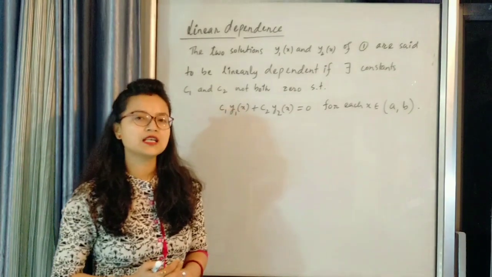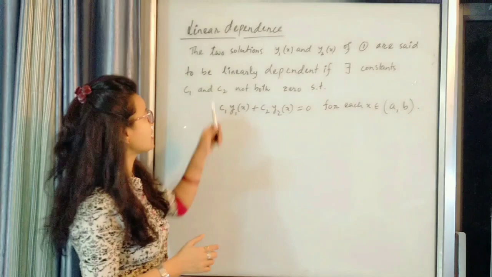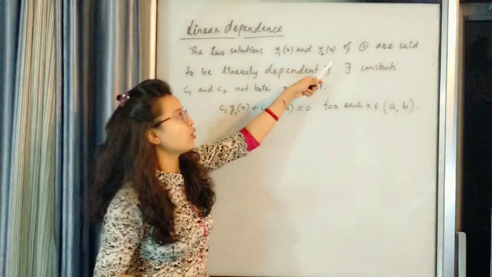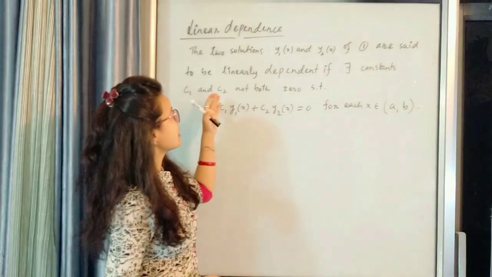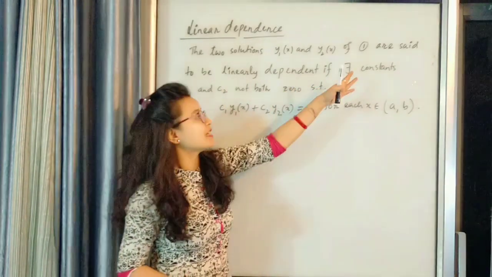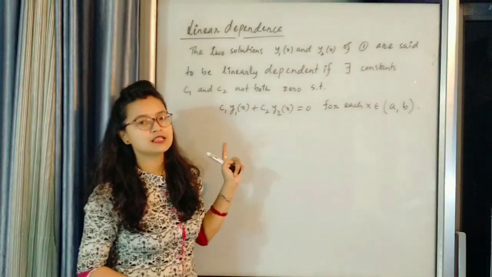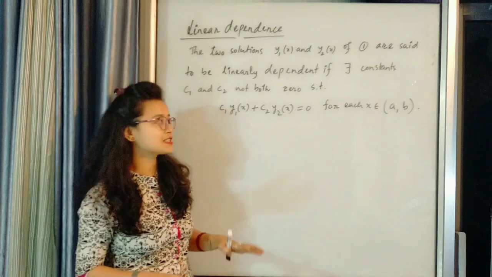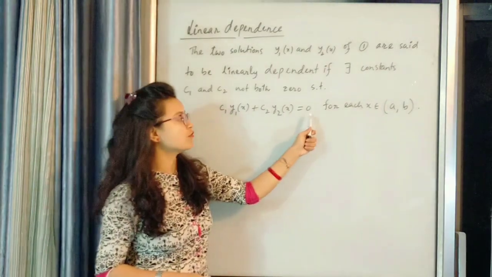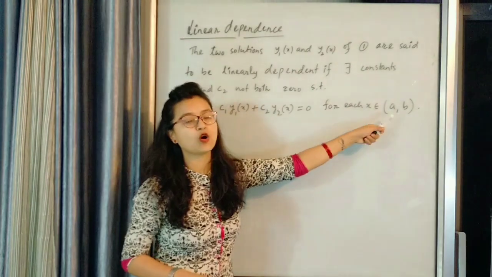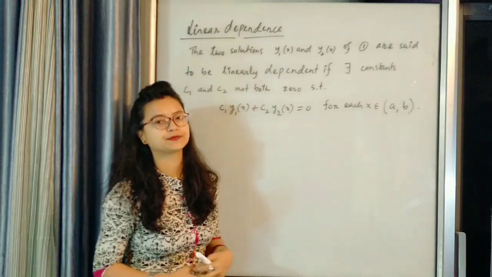Now for linear dependence, the two solutions y1(x) and y2(x) of the differential equation will be linearly dependent if there exist two constants c1 and c2, not both 0, such that c1 y1(x) plus c2 y2(x) is equal to 0 for each x in the open interval (a,b).